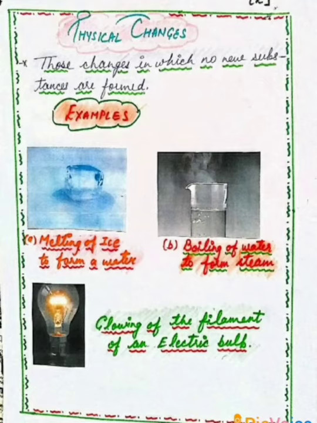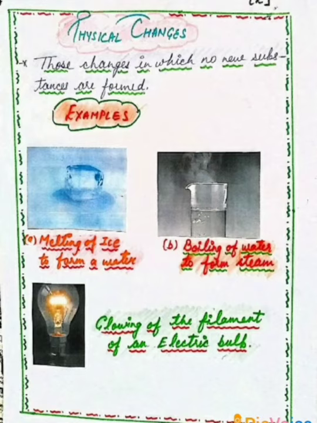So, our first example: when ice is heated, it melts to form water. Let's see the diagram first. Though ice and water look different, they are both made of water molecules. Thus, no new chemical substance is formed during the melting of ice. So, the melting of ice to form water is a physical change.